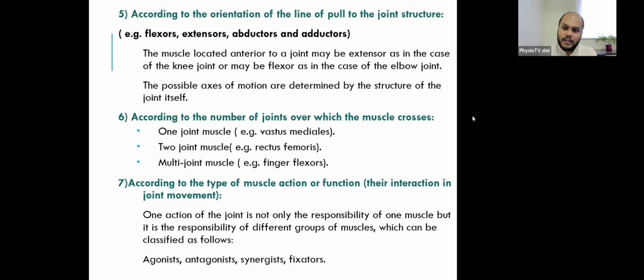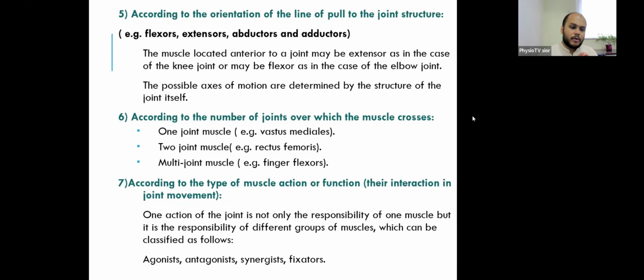An agonist is the muscle that causes the action primarily, and an antagonist is the exactly opposite group of muscle to the agonist. A synergist is something that will help the muscle to cause the action, and fixators are the ones which will stabilize the joint when the muscles are getting contracted.